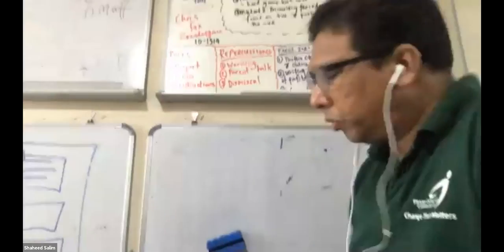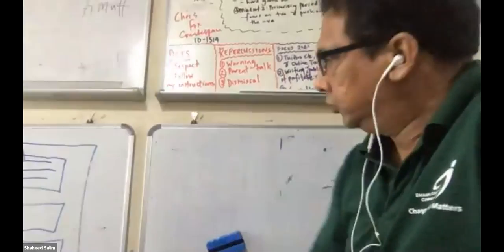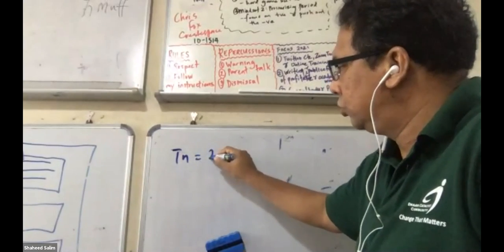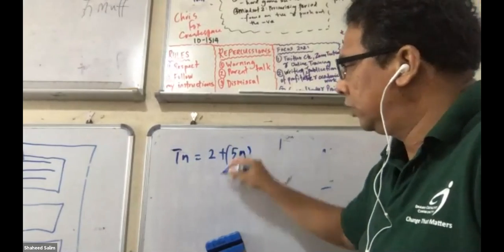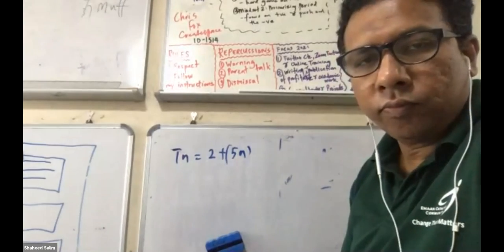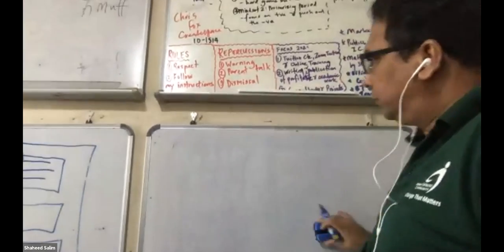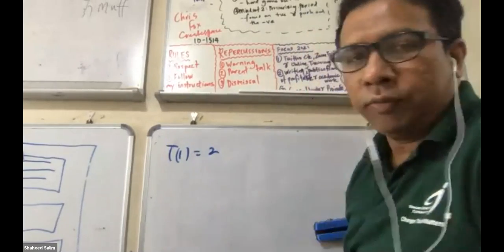So you wrote nth term is equals to 2 plus 5n. Am I correct? So let us go through one by one. Term number 1. You agree is 2. You have this also.